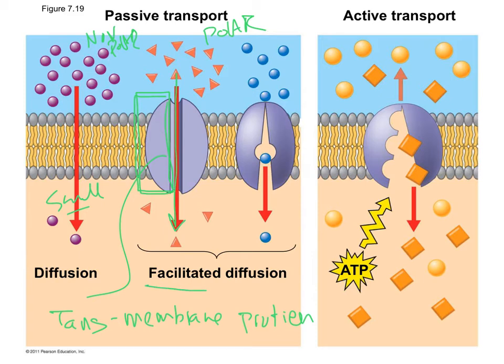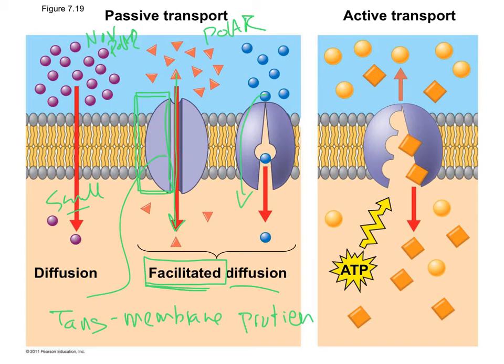And this is called facilitated diffusion because you're still having diffusion occur. You're still going from a high concentration to a low concentration, but you need some kind of help or some kind of facilitation. And so facilitated diffusion occurs with transmembrane proteins.